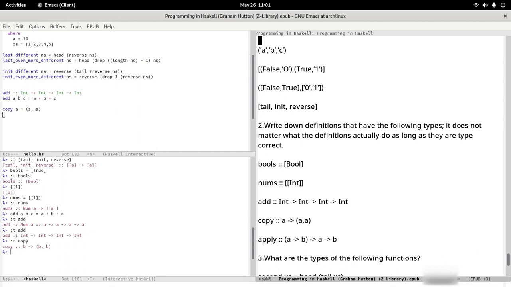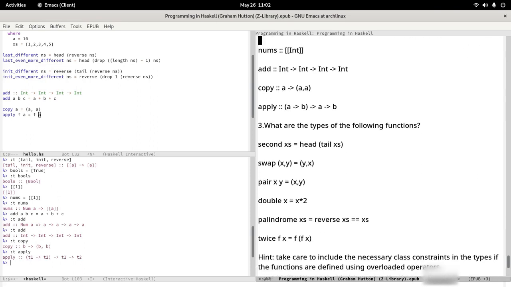Apply, function from A to B, to A gives B. Okay. Apply f A equals f of A. Apply, type of apply. Yeah. It's weird how it chooses those type variables though. Like, why is it calling it T1 instead of A and B?